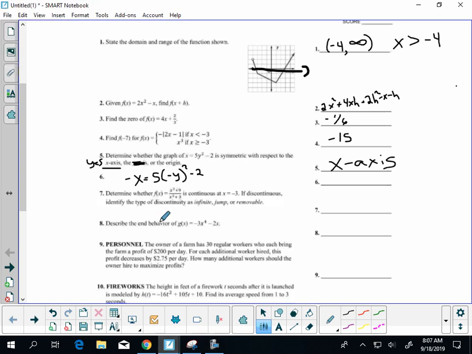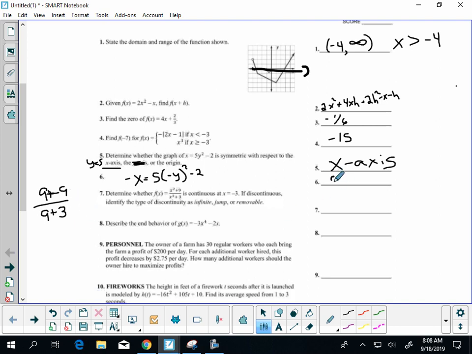Number 7, determine if the function (x squared plus 9) over (x squared plus 9) is continuous at negative 3. Well, if I put negative 3 in there, I'm going to get 9 plus 9 and then 9 plus 3. That gives me an output of 18 over 12.